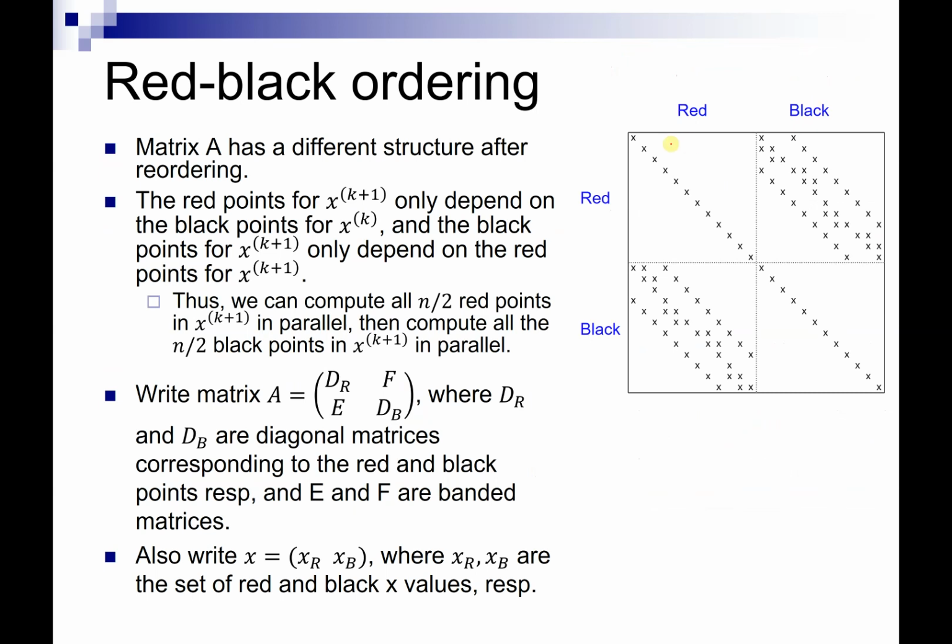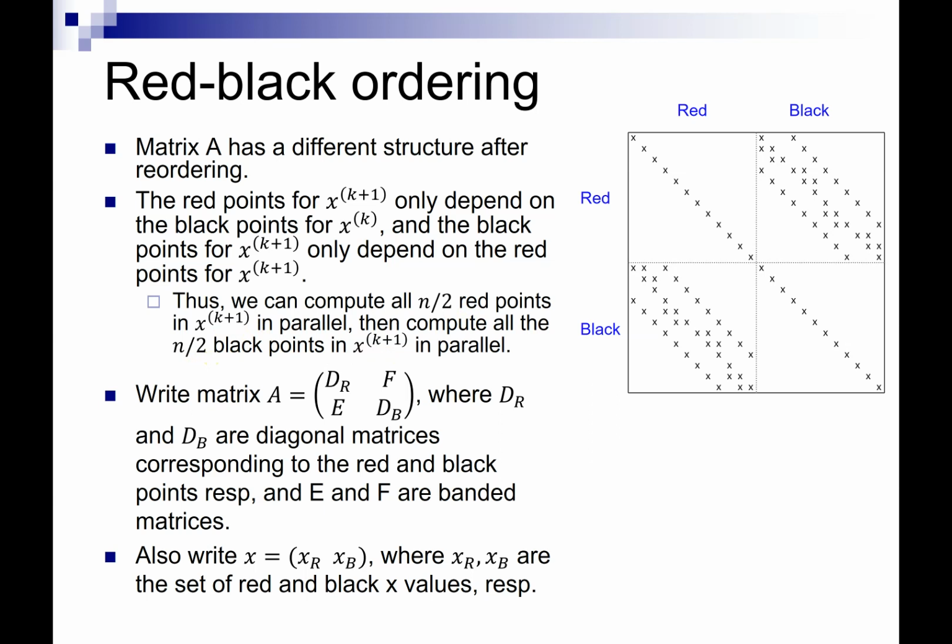And since you don't have any dependencies between the red points, the only non-zeros in the A matrix are on these diagonals. Now you do have some dependencies between the red and the black points, and that's what these other parts are. But as we said, we can first compute all of the red points for iteration x of k plus 1 in parallel, and then we're going to compute all the black points for x of k plus 1 in parallel.